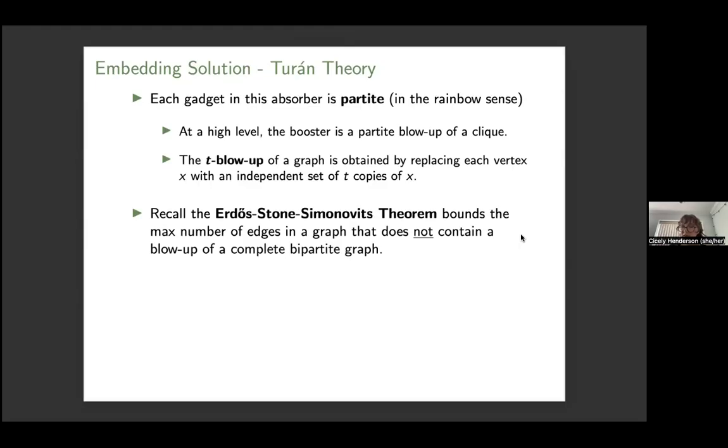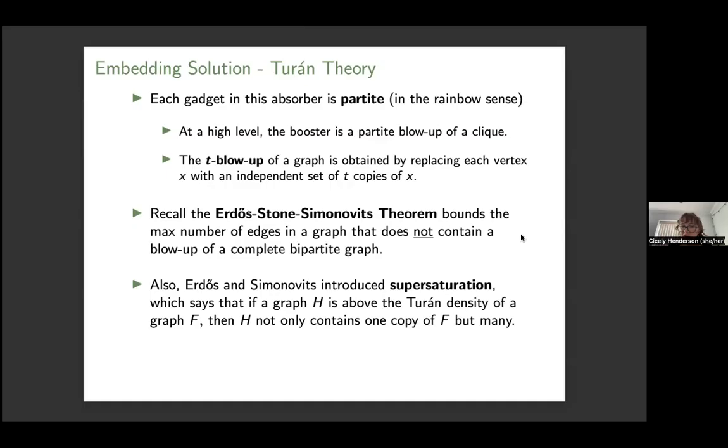This feels like we're on to something here, right? Because if we can show that our high minimum degree graph actually contains too many edges, then by the Erdős-Simonovitz theorem, we would contain a partite graph. So at a high level, the dots are starting to connect.